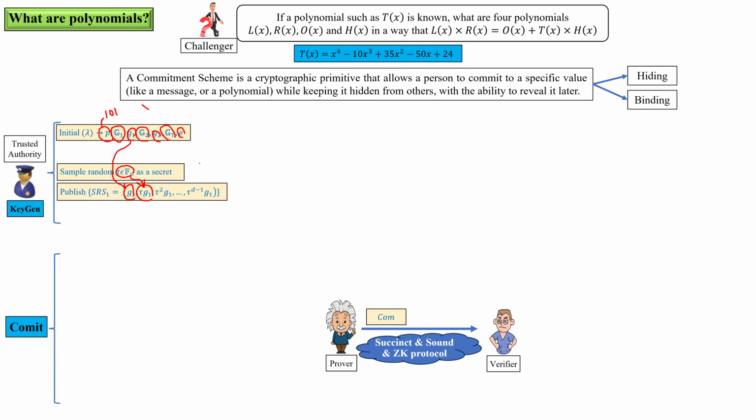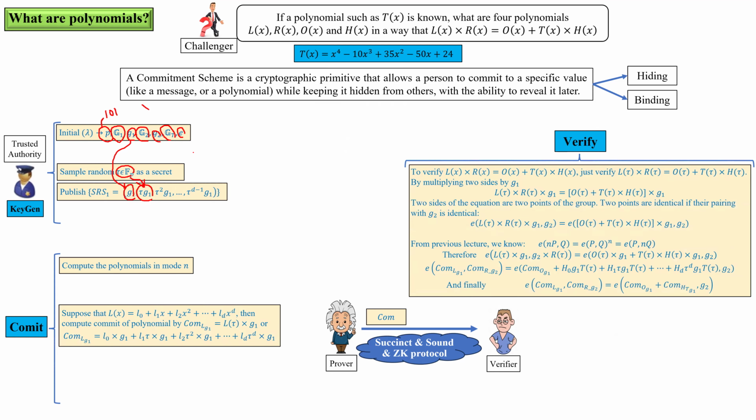After the trusted authority runs the key generation algorithm, the prover needs to run a commitment algorithm. The first step of the commit algorithm says to compute the polynomials in mod n, where n is the torsion of the elements when we are computing the pairing. We discussed the value of torsion in a previous lecture, right?